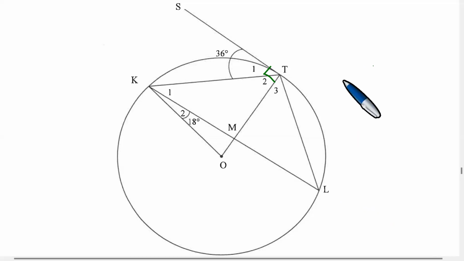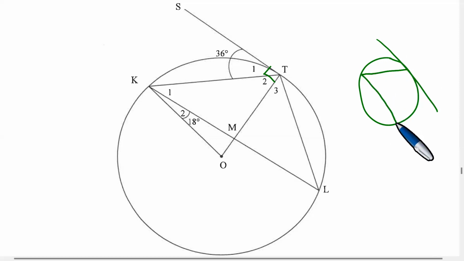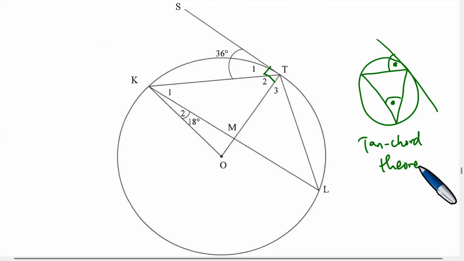Okay, angle L is easy, because if you look at a circle with a tangent like this, an angle that sits here always equals an angle that sits here. We say it is the tan-chord theorem.